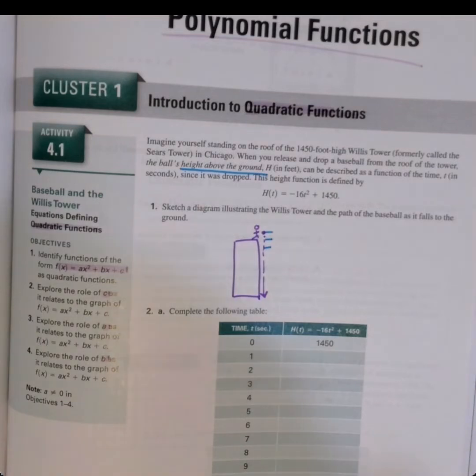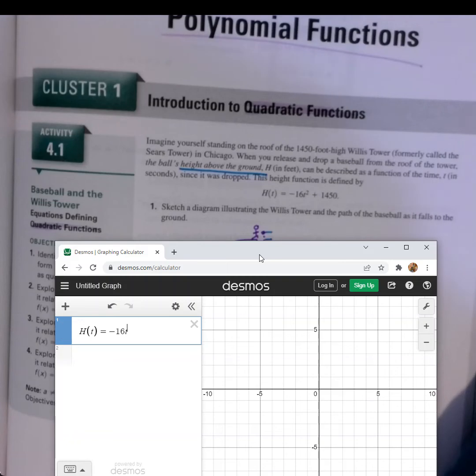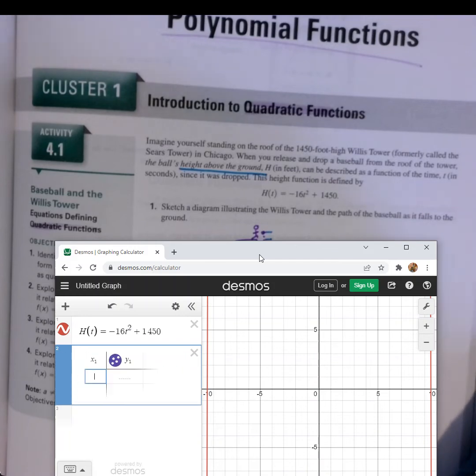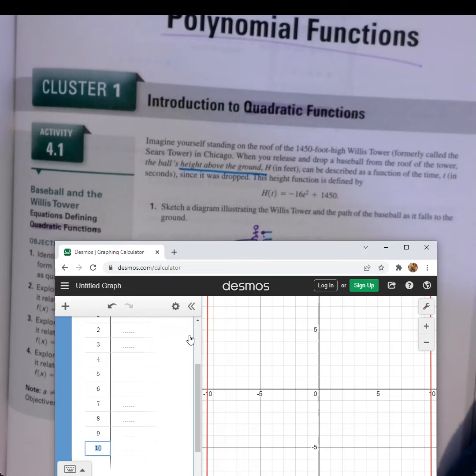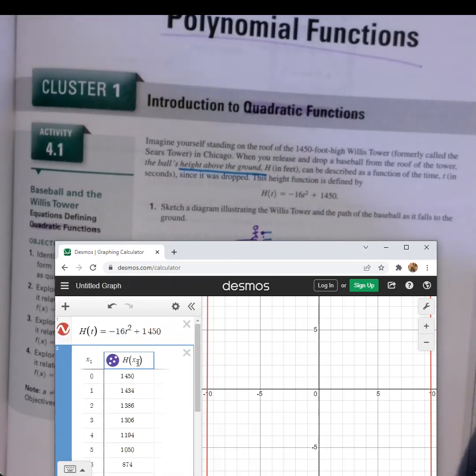So we're going to use decimals to get ourselves an autofill. Here we go. We better enter our function. H of t equals negative 16t squared plus 1450. And in our table, we want to plug in values up to 10 and have our function autofill those.